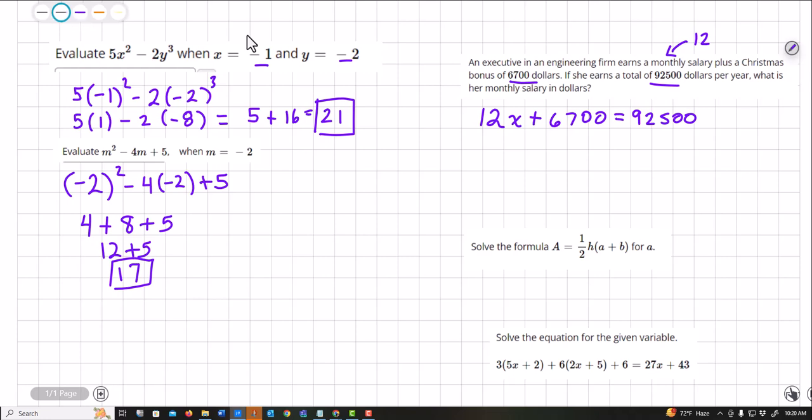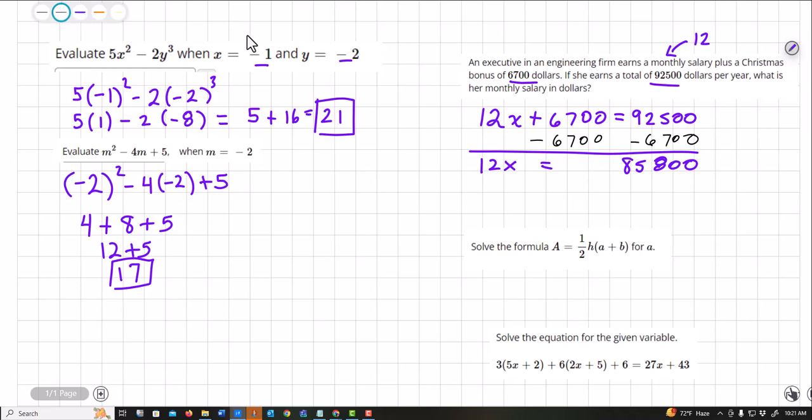So this, I'm just simply solving for X, so I could subtract 6,700 from both sides. So I end up with 12X. Yes, I'm like you guys, I picked my calculator up, 92,500 minus 6,700, and I get 85,800.